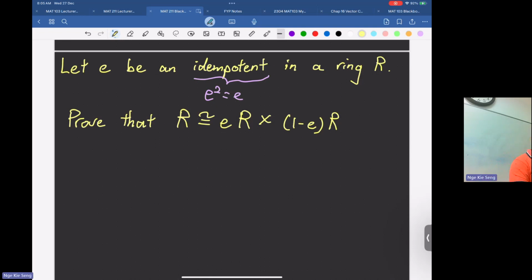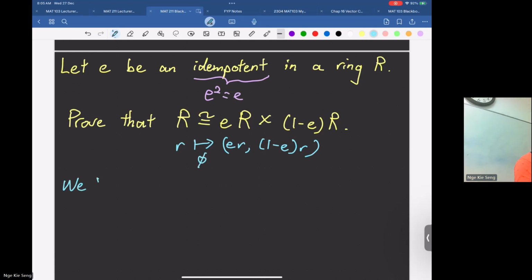Okay, what's this isomorphism here? I send all the r to Er, comma (1 minus E)r. Okay, just multiplication map. And then we show that this multiplication map defines a homomorphism. Okay, let's call this map phi.